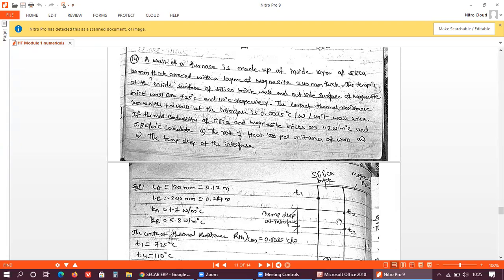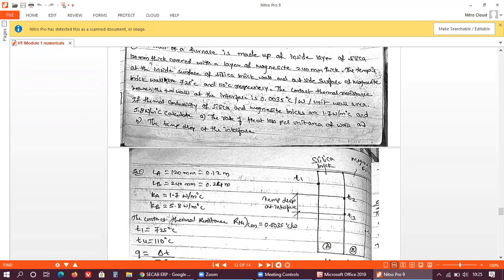Okay, so this is the inner surface of the furnace. As you can see, this is the line, right? This is the inner surface of the furnace. It is made up of silica brick, and its thickness is given as 120 mm, covered with a layer of magnesite, right?